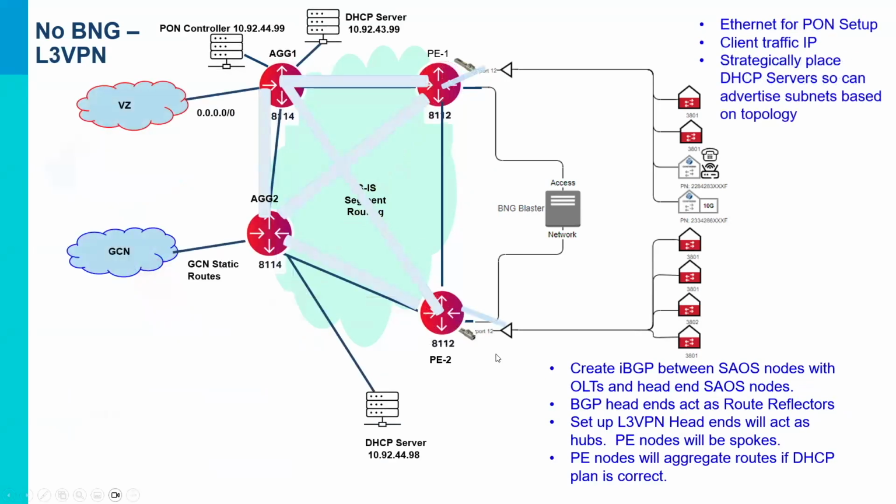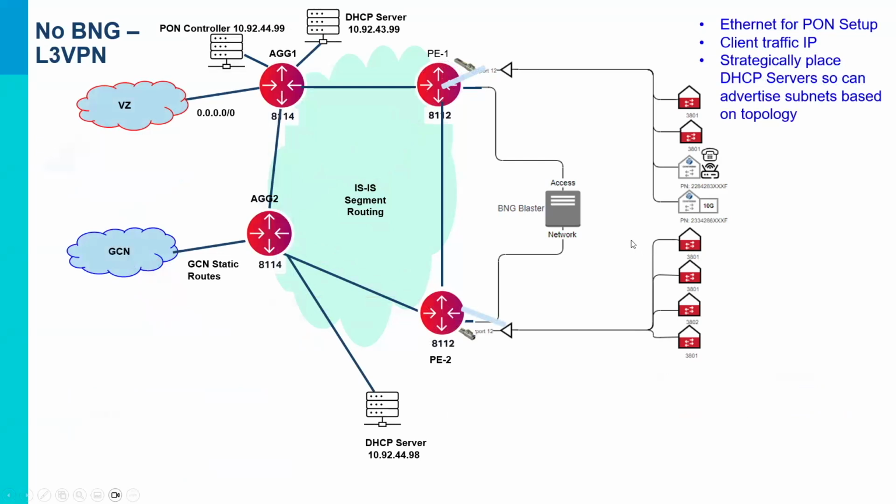Now, a better way to do this might be with layer 3 VPNs. And so we have Ethernet for PON, and we have to get to the DHCP servers. And the DHCP servers are going to assign an IP address. Now, if you have a lot of subscribers, you really don't want to do this, right?